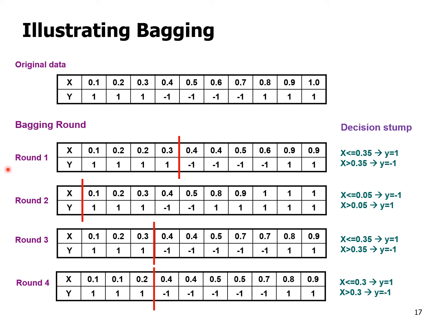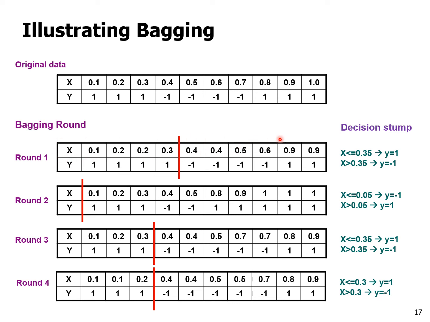In round one, you generate a bagging sample. Let's say this is the result of sampling. We have 10 data, and the result goes like 0.1, 0.2, et cetera. You see here, 0.2 appears twice, and 0.4 appears twice, and let's say 0.7 never made it here.